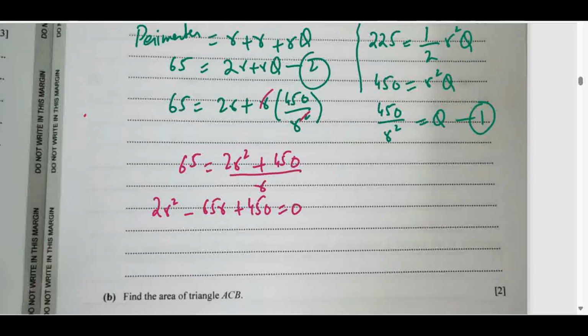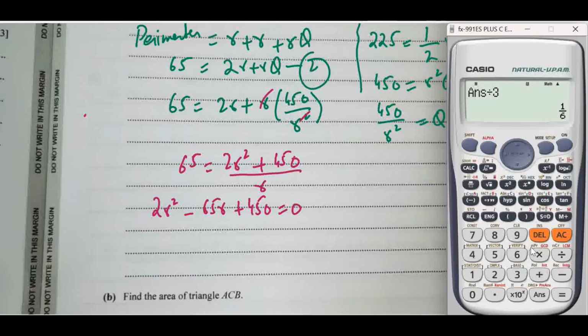So just use the calculator, or you can use the mid-term breaking also, but here I will use the calculator. Now a is 2, b is minus 65, and c is 450. Now the one answer is 45 by 2.